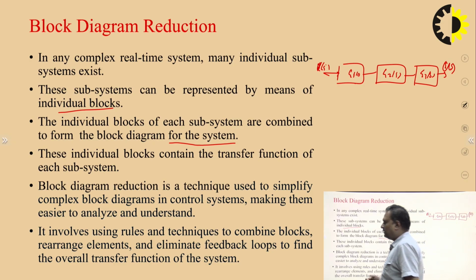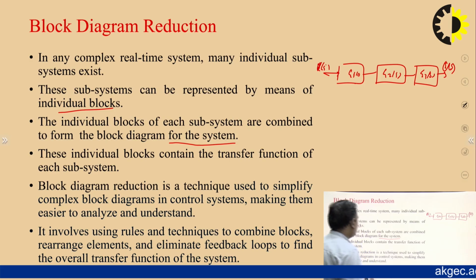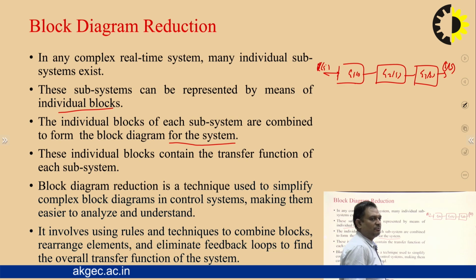For a complex block diagram, we have some specific rules. By using those rules and by eliminating the feedback loops existing in the system, we can obtain the overall transfer function of the system.